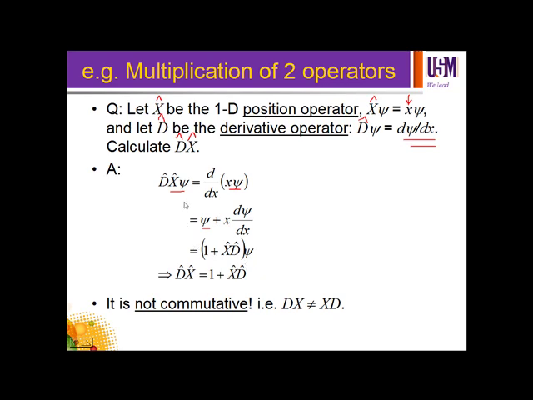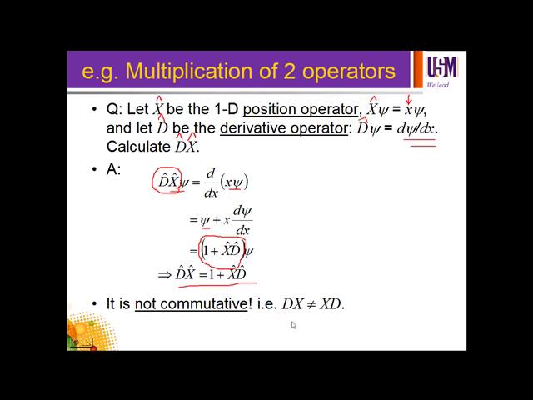So what you see here is that the multiplication of operator D and operator X will not give you operator D multiplied by X, because here it is related to 1 plus operator X D. In other words, it is not commutative.